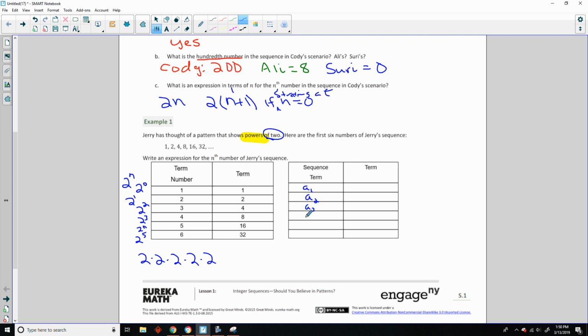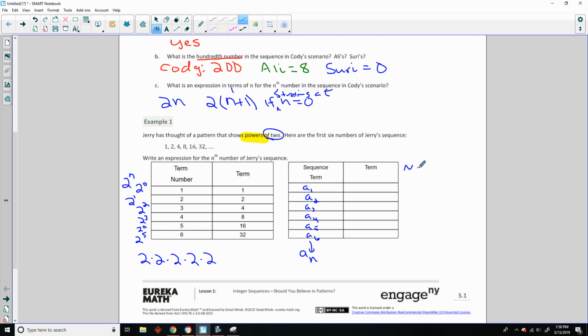So this just gets us familiar with this way of writing. So A sub 1, A sub 2, 3, 4, 5, and 6. Instead of just numbering them 1 through 6, we call that A sub 1 is the first term, A sub 2 is the second term, and then A sub n is what we would lead up to. A sub n is the last term.